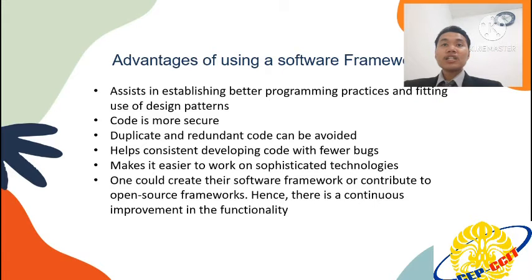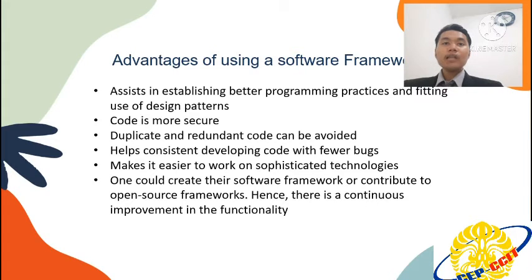The advantages of using a software framework. First, it assists in establishing better programming practice and fitting use of design patterns. Second, code is more secure. Third, duplicate and redundant code can be avoided.